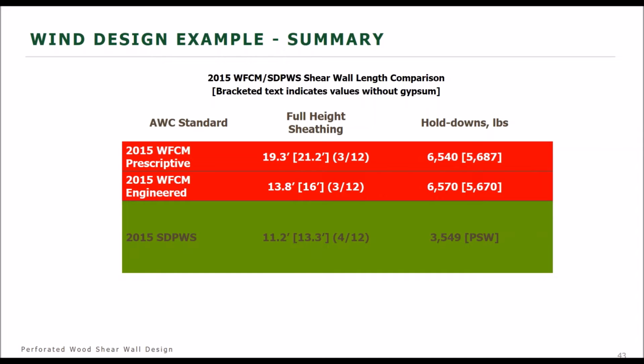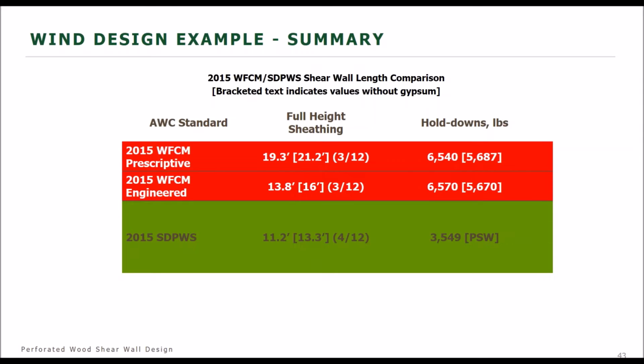The WFCM prescriptive approach is the least engineering intensive, requires the least amount of number crunching, but it's also the most restrictive in that you need to have 19.3 feet of full height sheathing. And you'll also see that for both the WFCM prescriptive and engineered approaches, our nail spacing is the very tight 3 inches on the panel edges and 12 inches in the field.